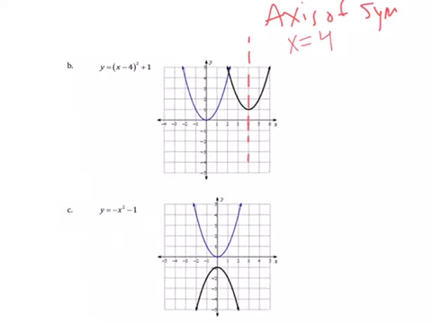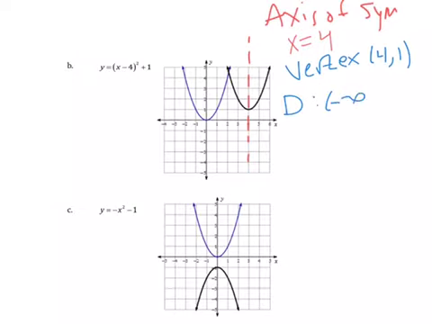Okay? Then I'm going to look for my vertex. How do I find my vertex? Remember, that is my maximum or minimum. Right here, also going to be a minimum. So I'm going to see where that point falls. Looks like that's going to be at 4, 1. All right? Domain and range, I'm going to put domain as D. Domain is my x value. Doesn't look like there are any limits on that one.